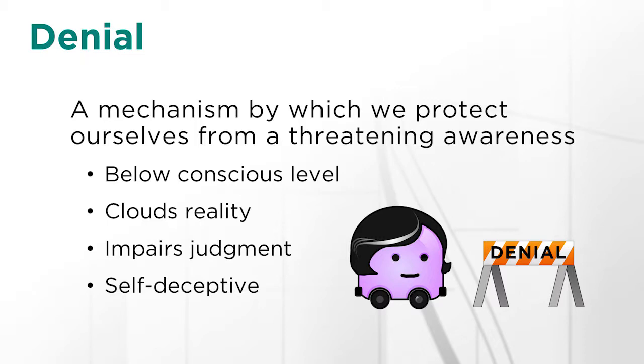It clouds one's ability to recognize the facts or the reality of their lives. It impairs judgment and increases self-delusion. And while lying may be part of denial, denial is generally not a deliberate intent to deceive another. The person in denial believes the lie as well.